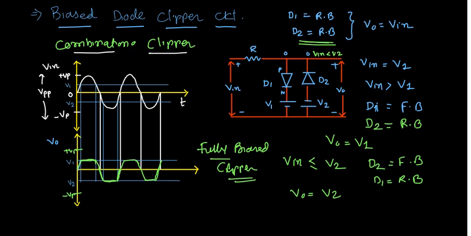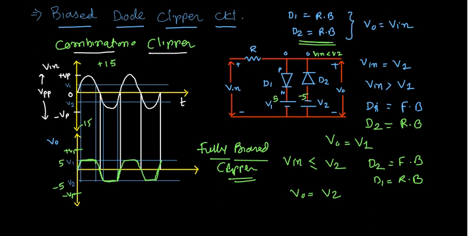In this kind of circuit you can take any reference voltage, but if you take Vp equal to plus 15 and minus 15, at that time you consider this one is 5 volt and this is minus 5 volt. At that time you can get this type of flat signal, and it is clipped on both sides.